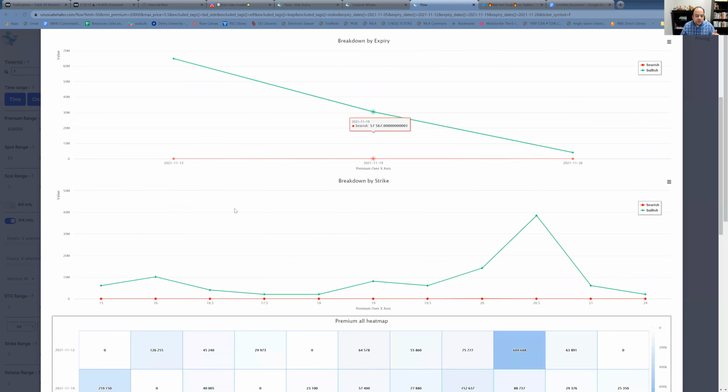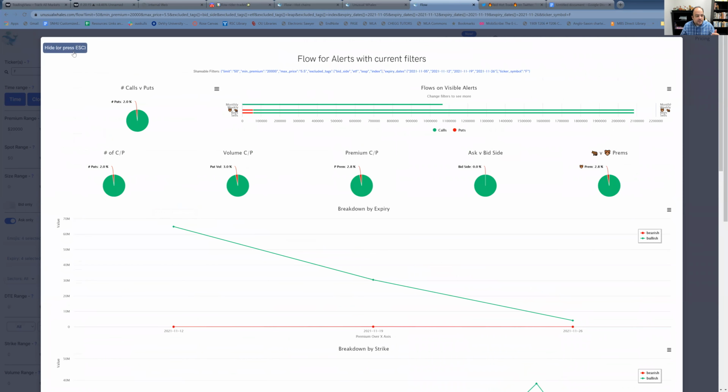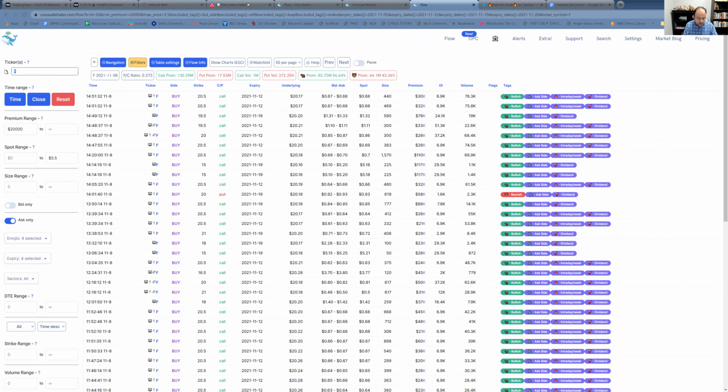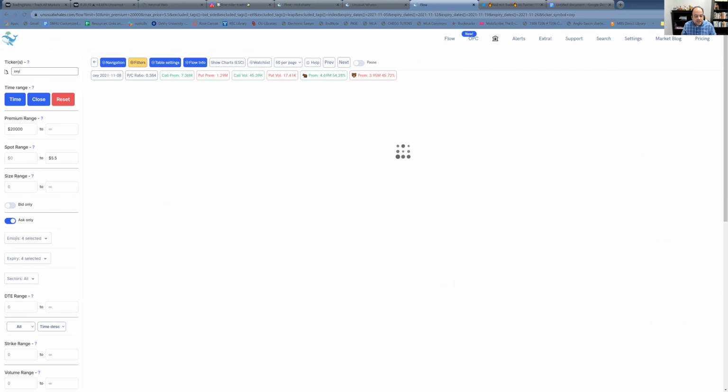So if we were to go into the flow and take a look at those, go into Oxy, and we can see that Oxy doesn't have any trades at the $20,000 level. So I'd have to go lower, but let's take a look at XOM and see what we have here. None with that.